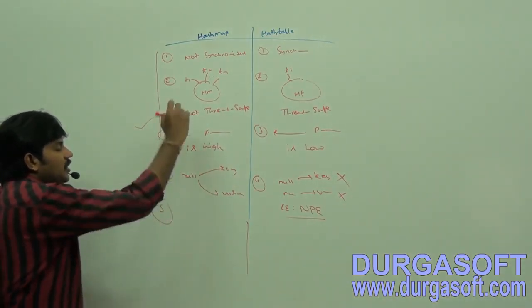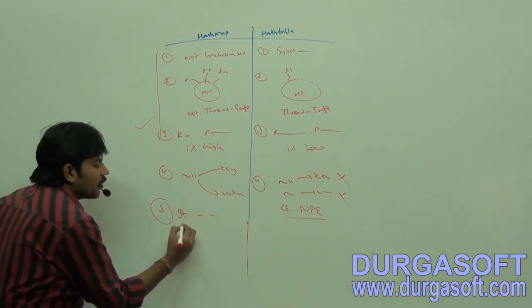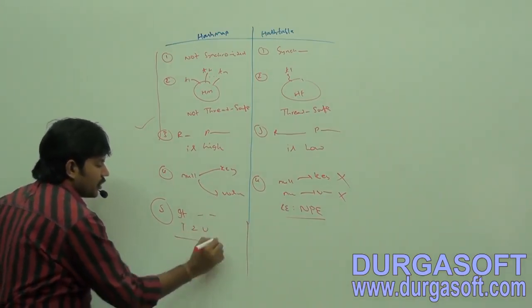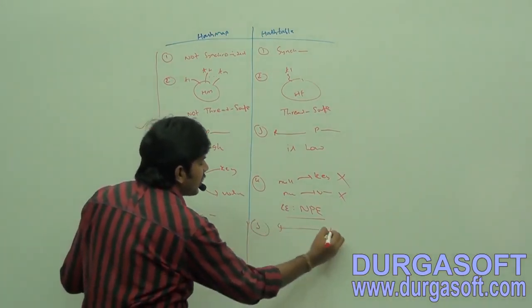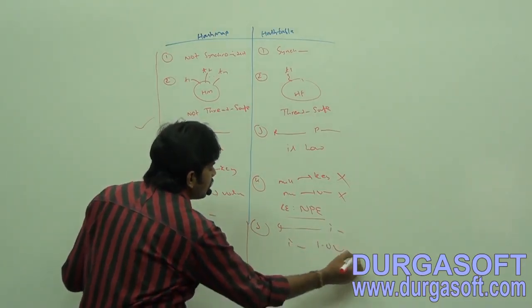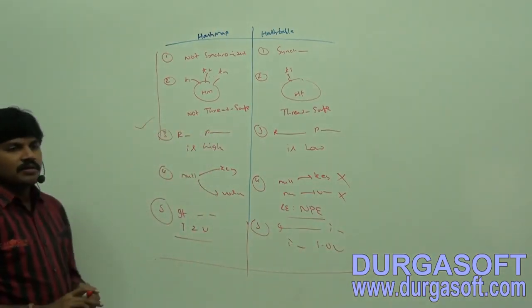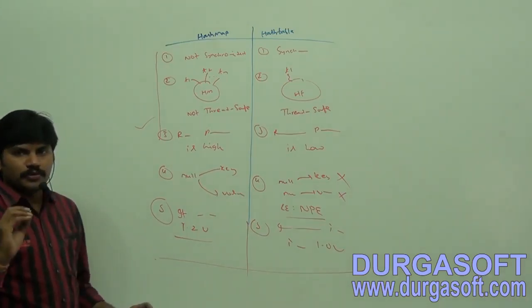Last one: hash map is not a legacy class, introduced in version 1.2. But hash table is a legacy class, introduced in version 1.0. These are the 5 differences you should be aware of.